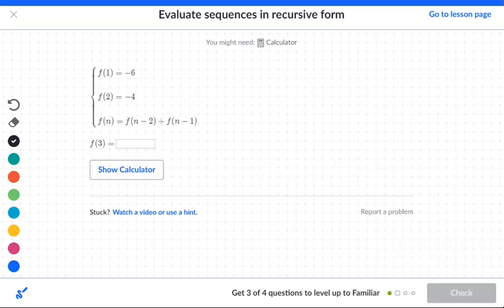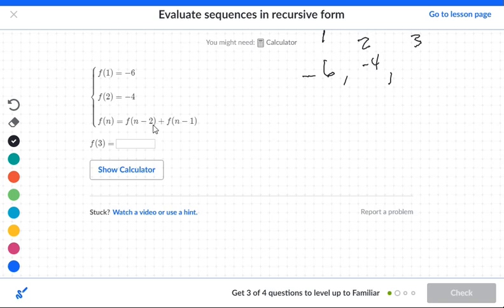Okay, next one, you have negative 6 for f of 1. So the first term here is negative 6, followed by your second term, which is negative 4, and you want to find this third term.